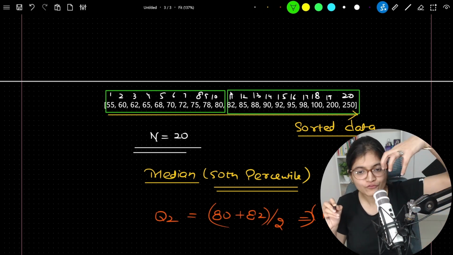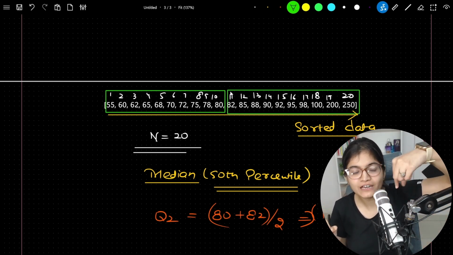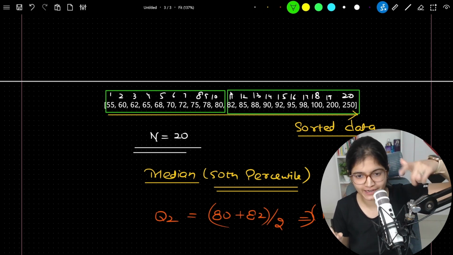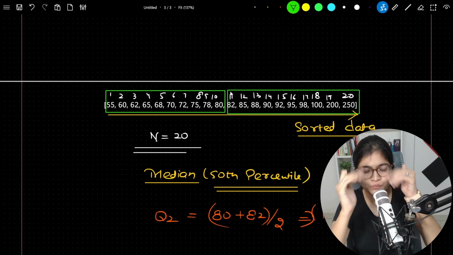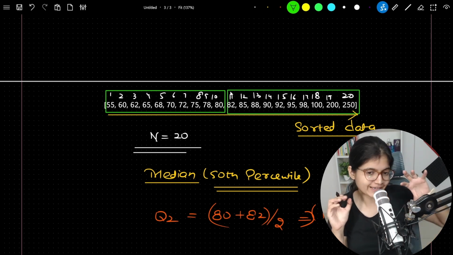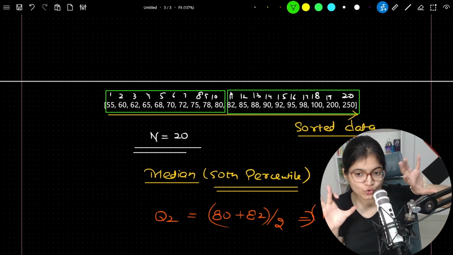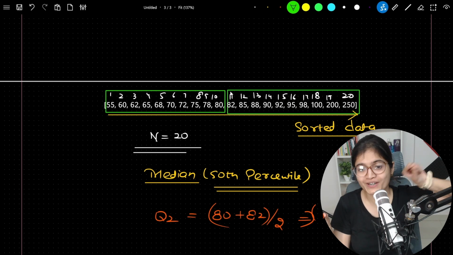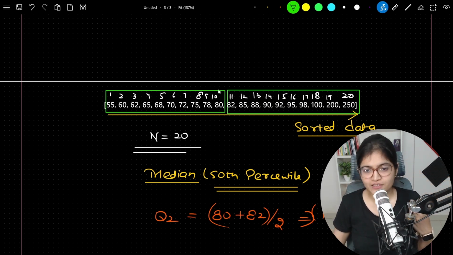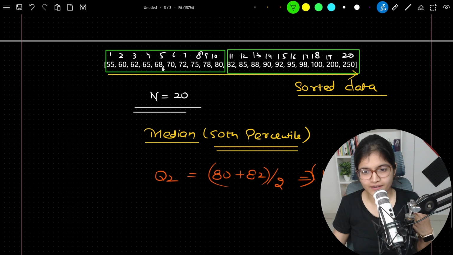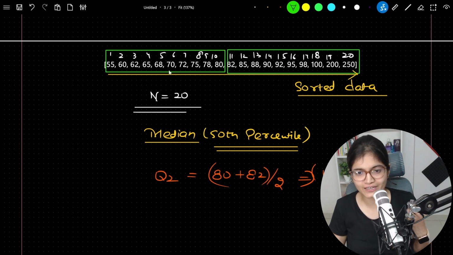From the first 10 entries, the middle value will be Q1, the 25 percentile. The 50th percentile is the middle value in the complete data. 25th percentile means that you are splitting your data entries into 2 components, and in the first component you again evaluate the median. Here again we have an even number.